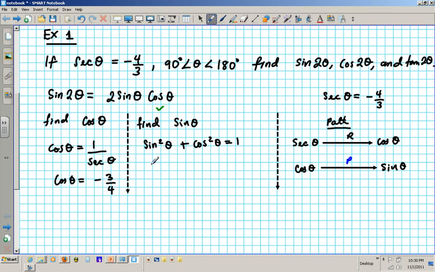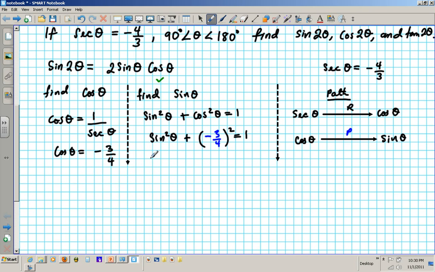So we're going to have sine squared theta, plug in what I need, and then also plug in what I know, which is that cosine theta is negative 3 over 4. So negative 3 over 4 quantity squared equals 1. Now let's solve this. So this is going to become sine squared theta plus, if you square that, 9 over 16 equals 1.